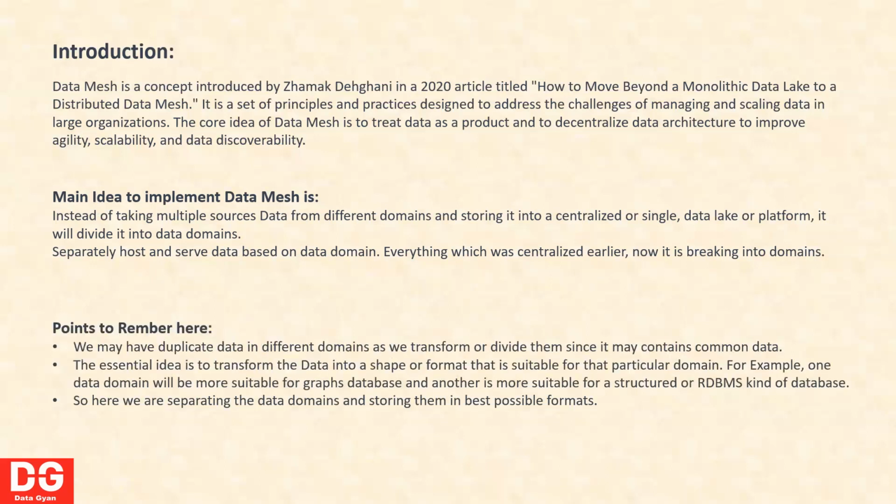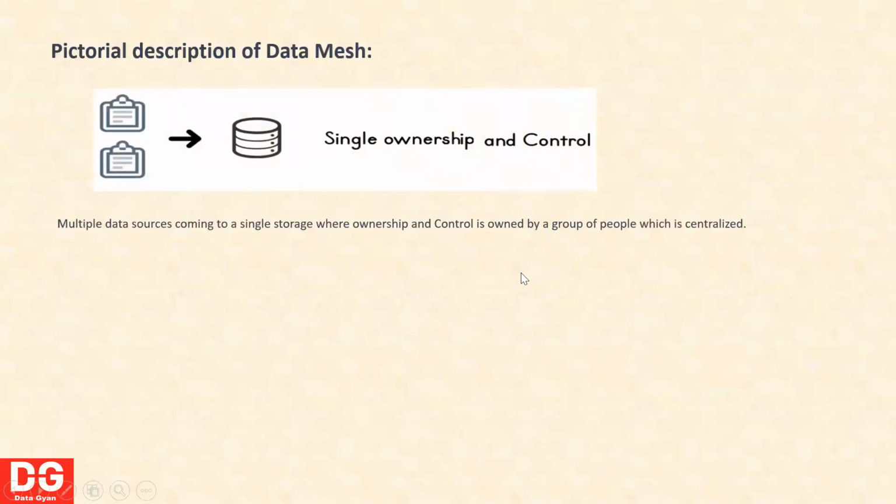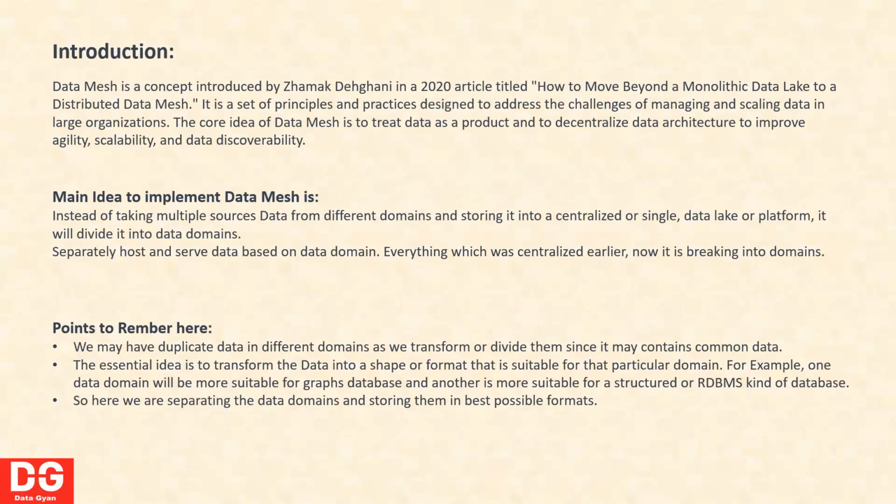Some points to remember in the data mesh concept: we may have duplicate data in different domains as we transform or divide them, since they may contain common data, but that is fine.